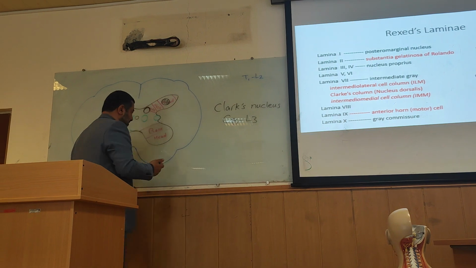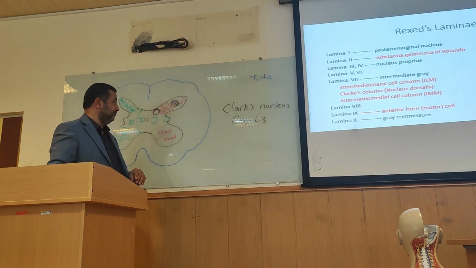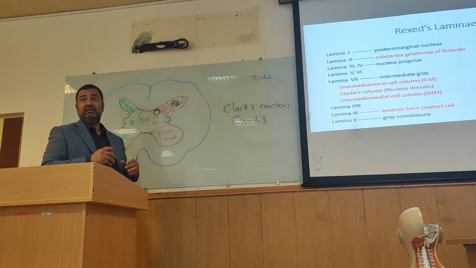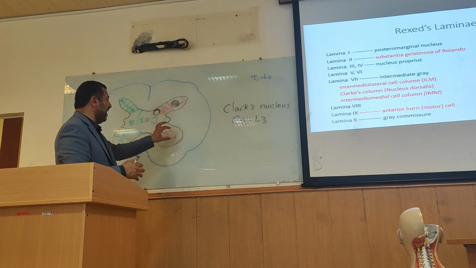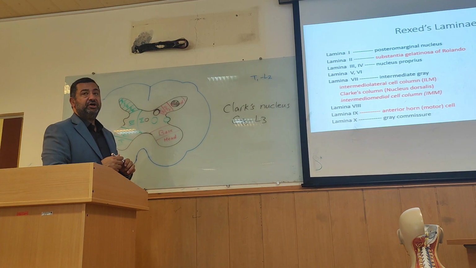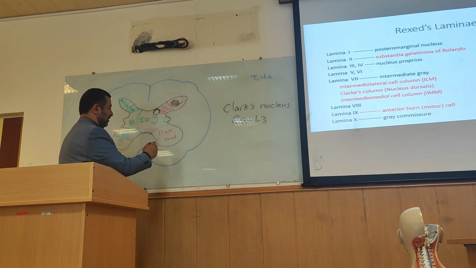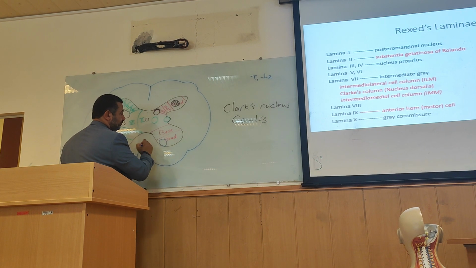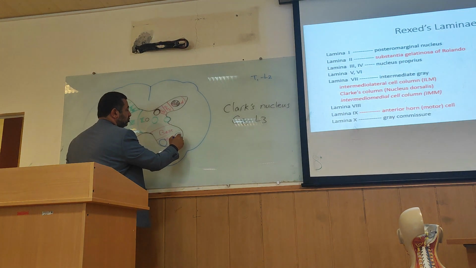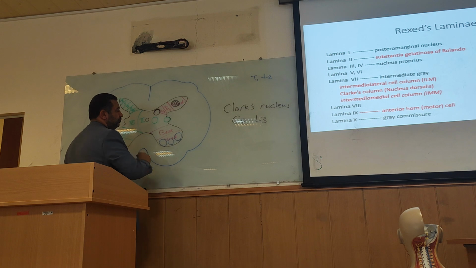There are three cell groups in the head of the anterior gray column: medial group, lateral group, and central group.